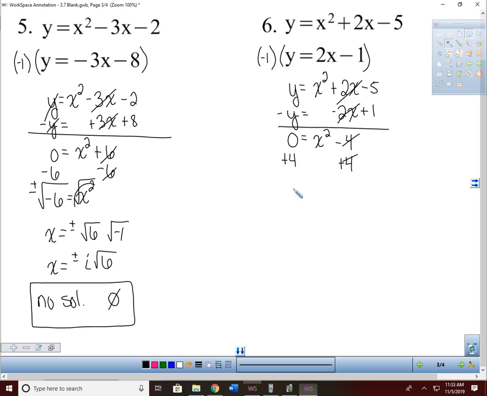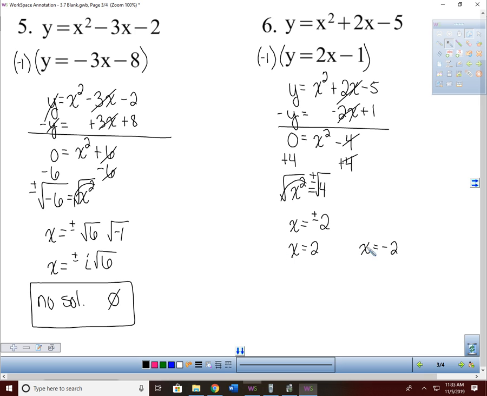And I really don't like my x squared being over here, so I'm just going to move it to the left. So x squared equals 4. Then I square root, and I don't forget that I have two answers, a positive and a negative. So I have x equals plus or minus the square root of 4, which is 2. So this is two things. I have an x value of 2, and then I have an x value of negative 2.